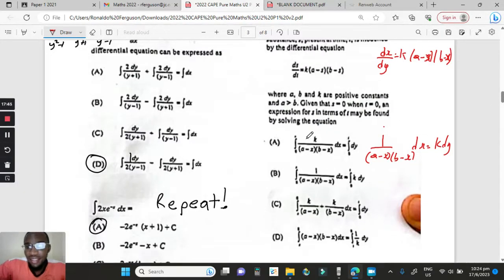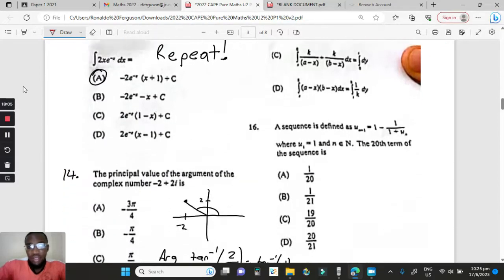Because I can hardly see, I can't make any call. These two are basically the same. If we divide through by k, it would be 1 over k. So in this case, it would only be option B then, following what we have. I can hardly see option A, so this paper was sent a little bit blurry.